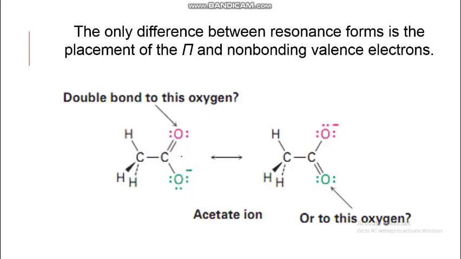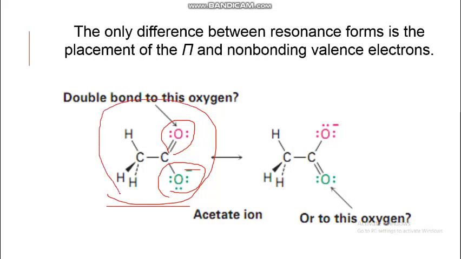So when we draw a line bond structure for acetate, we need to show a double bond on one oxygen and a single bond on the other with a negative charge on it. Pero, saan ba talaga yung placement ng dalawang oxygen? So, dapat ba ganito yung pagsulat ng acetate ion? Or should it be this way na ang double bond ay nasa baba and the single bond is nasa taas?